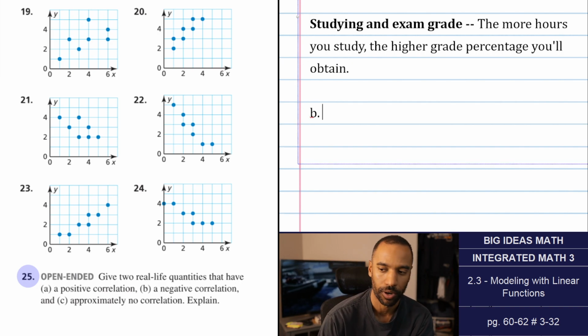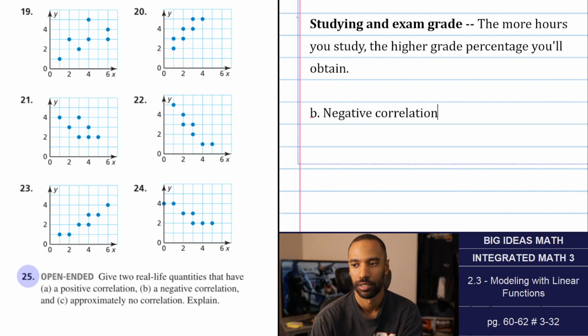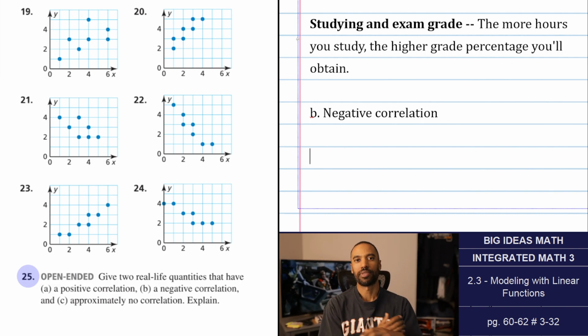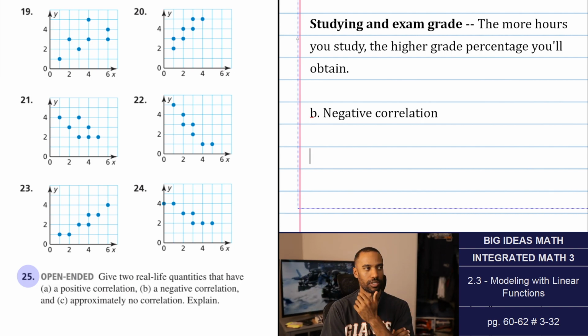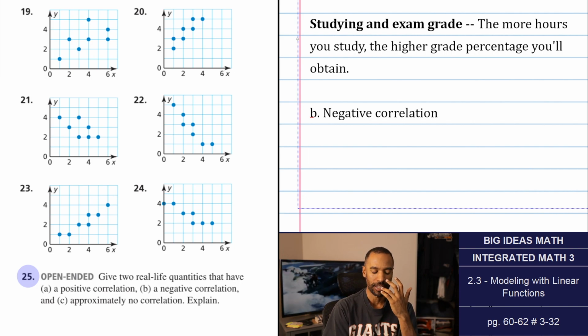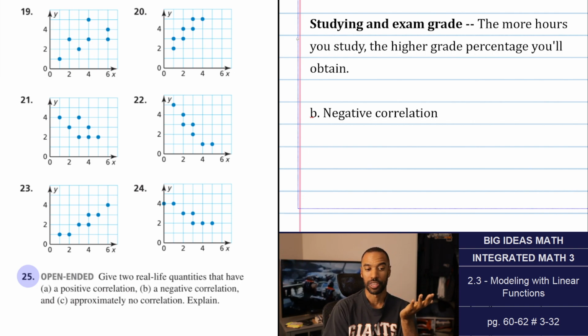All right, let's do negative correlation. So as something increases, something else decreases is basically what you'd say here. And I want to try and do something that the book didn't already do. So I might have to pause and think about some things.